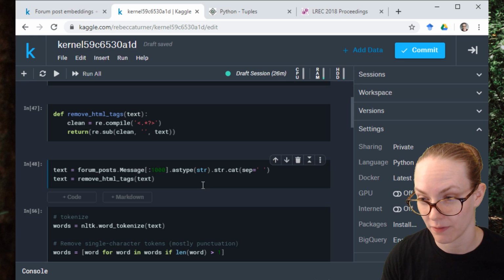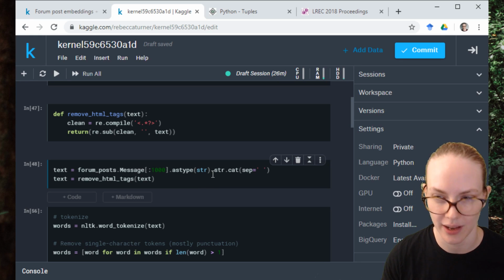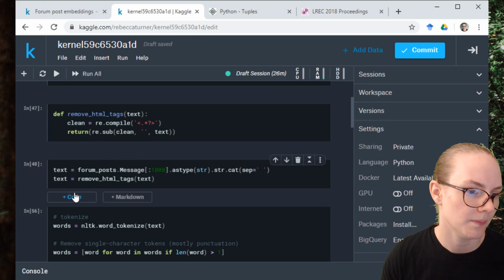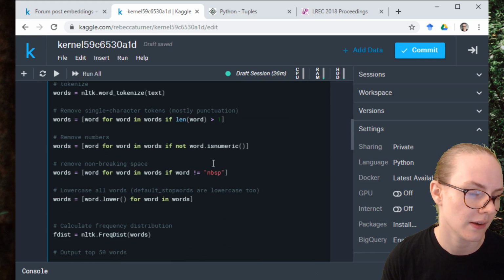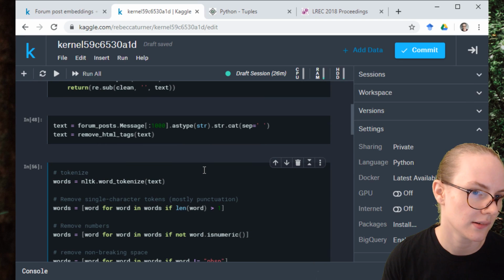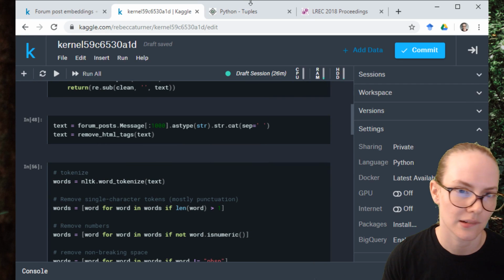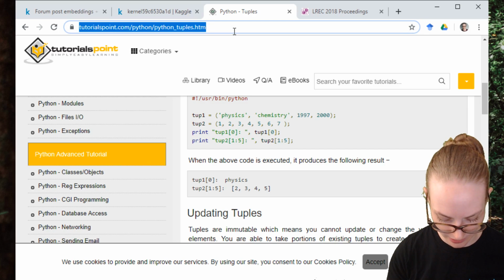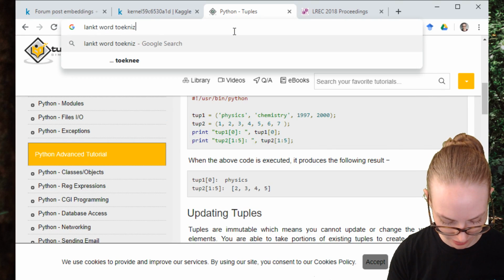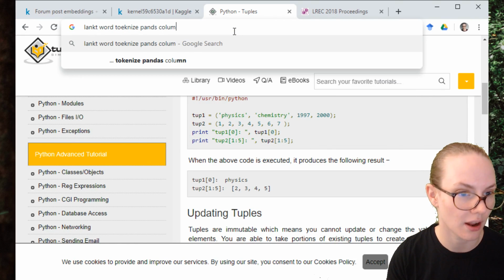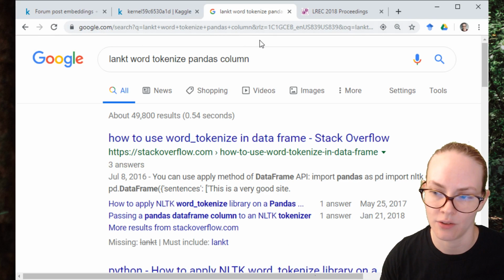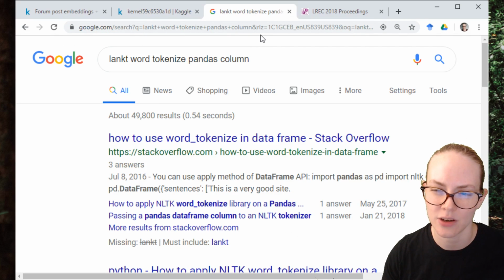So if we made fewer smaller strings, that should be faster. NLTK word tokenize pandas column. Maybe if I, instead of creating a single string from the column, tokenize within the column, that might work better.